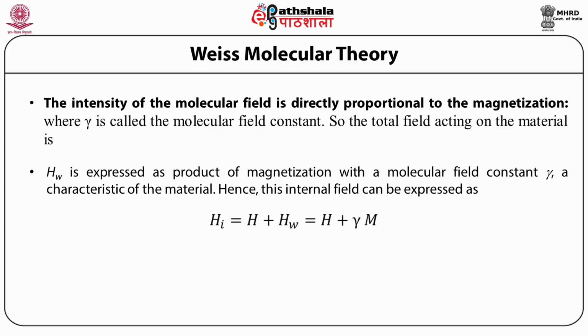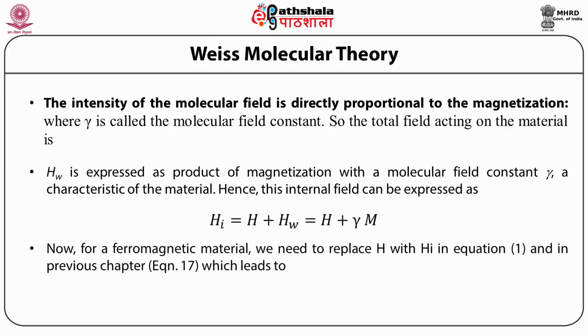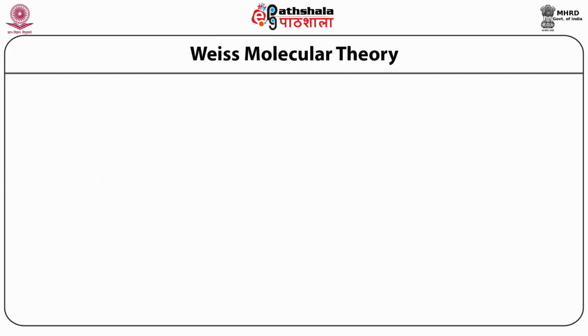Now we can put the value of HW, then the H total will become H plus gamma M. Now, for a ferromagnetic material, we need to replace H with H total, and hence this susceptibility, which is equal to M by H, or it is equal to C by T. Here we will put the value of H as H total. Hence, M by H plus gamma M will be equal to C by T.